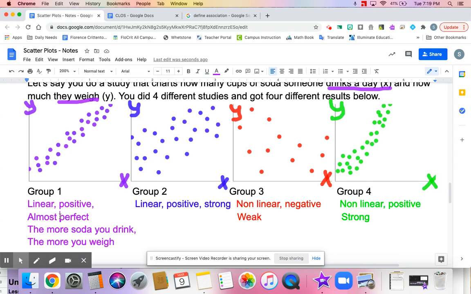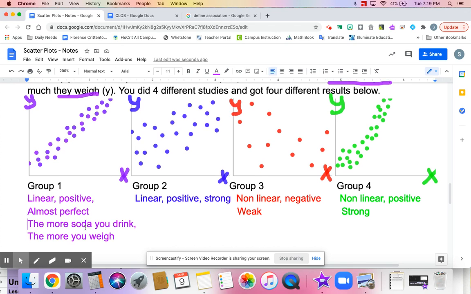The fact that it's linear would probably tell me that the data is changing in a consistent way. The word consistent means it's doing the same thing. Like it seems to be going up the same amount each time.